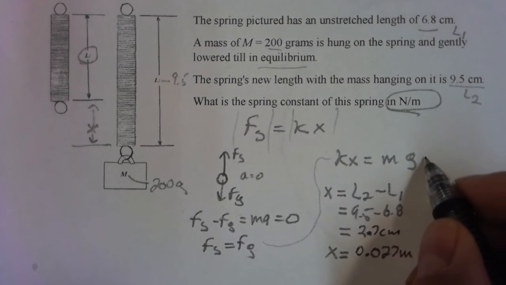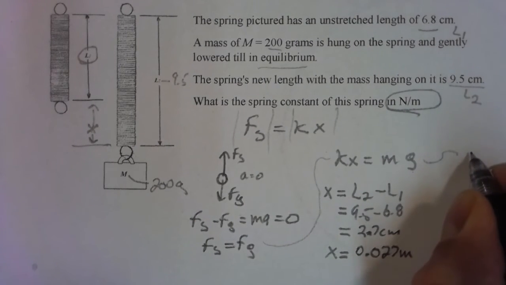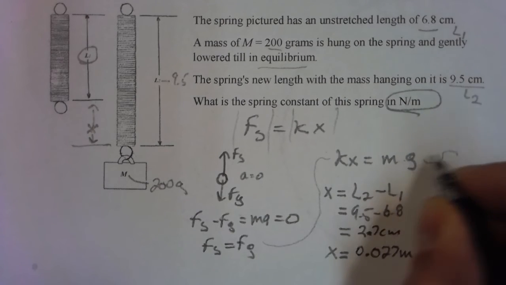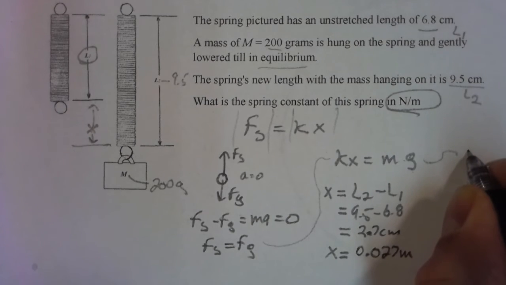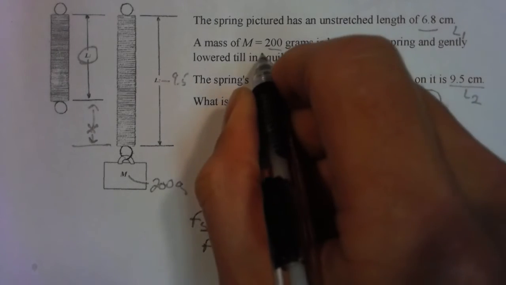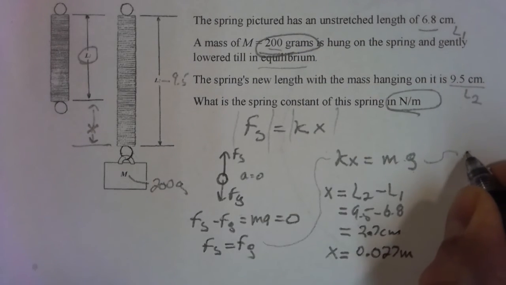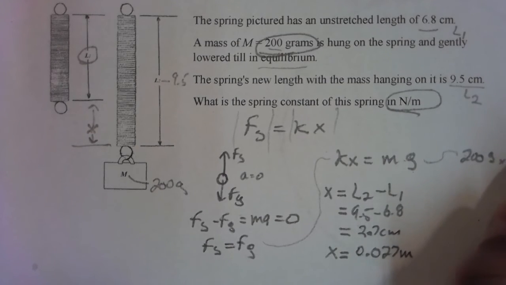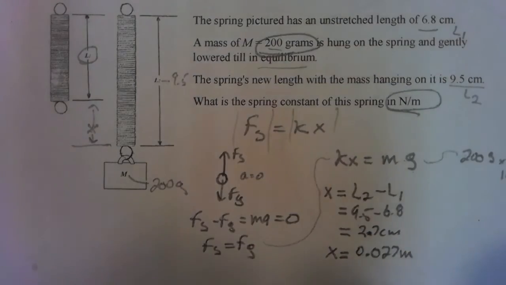Now mg, I need that to be m in kilograms. So mg, I got 200 grams here. I got to change that to kilograms. 200 grams times 1 kilogram per 1,000 grams. It's going to give me 0.2 kilograms.